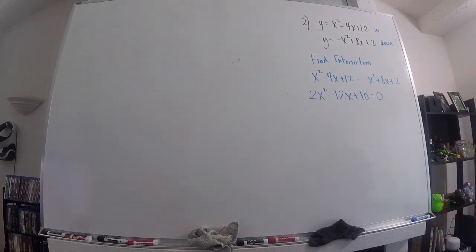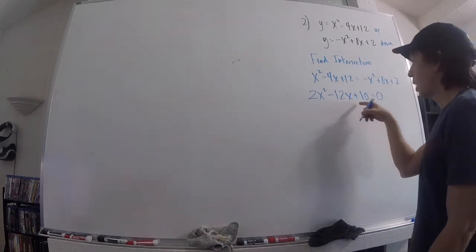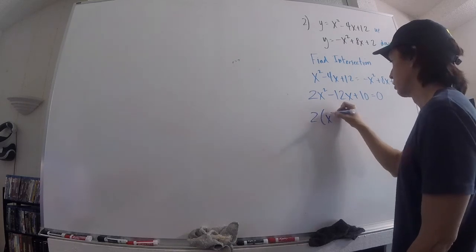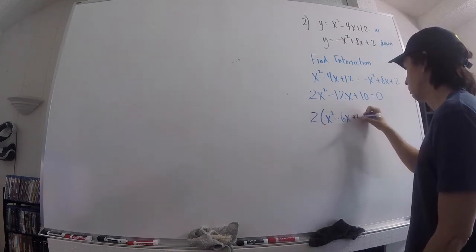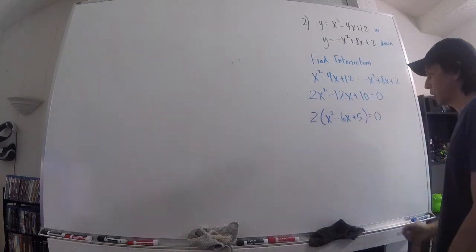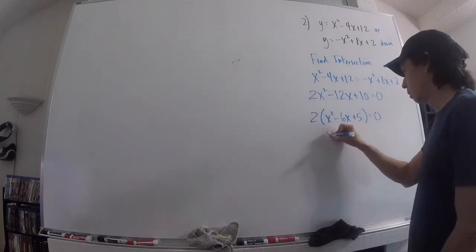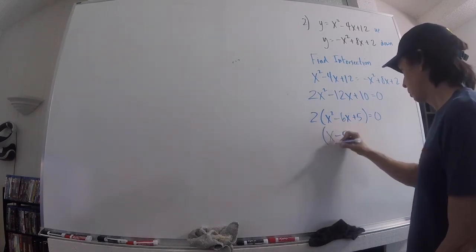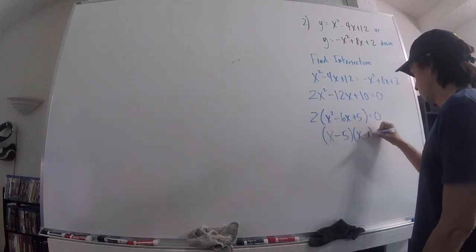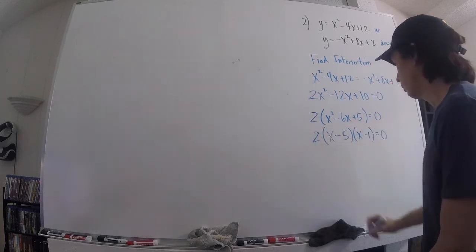Oof. Does it factor? I do have a common factor of 2 I can factor out first. Let me go ahead and do that and see what I'm left with. Is this one of the ones where it factors nicely, or is it one where you're going to expect to be using a quadratic equation? Well, let's try. I think I set this up to solve nicely. I'm not in the mood for a quadratic. So yeah, I did.